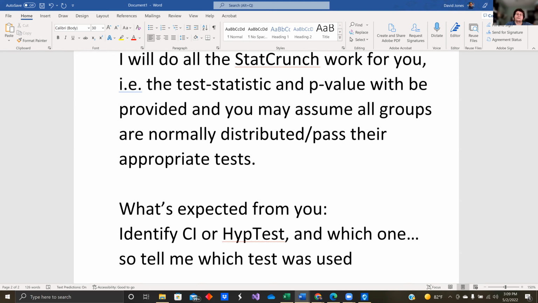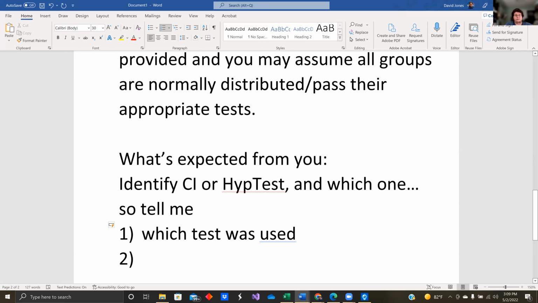That's part one: tell me which test was used. Two, H0 and HA. Be specific.